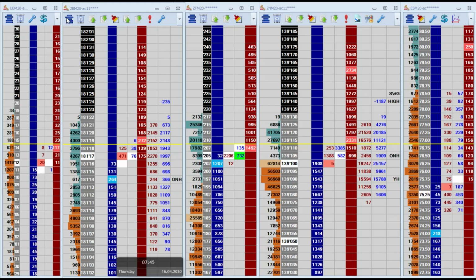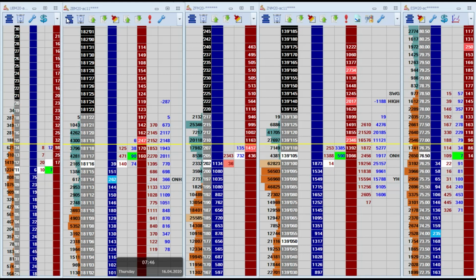Tried to jump into, but this would be support on a pullback.